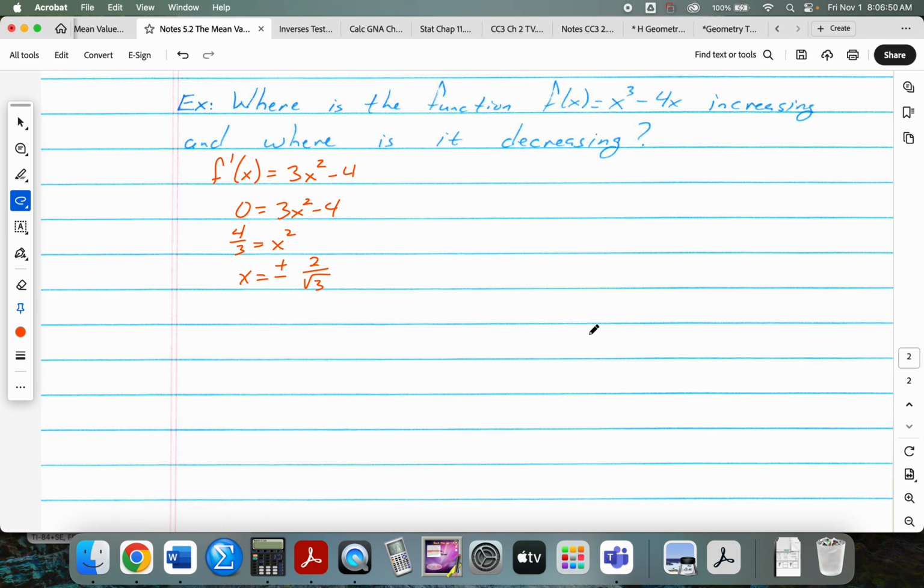Now, what I do to help me visualize this is draw a number line and go, okay, on this number line, something important could happen at negative 2 over the square root of 3 and positive 2 over the square root of 3.